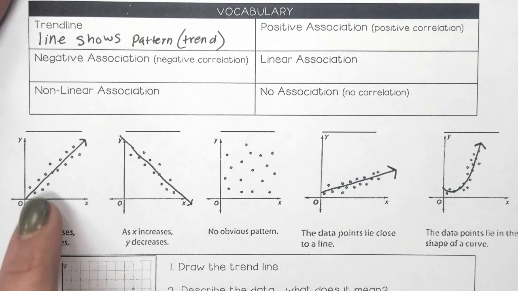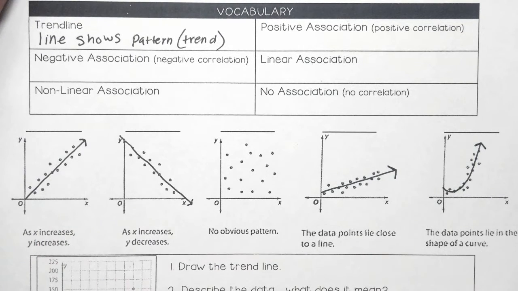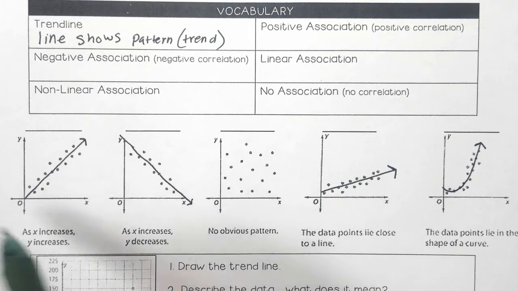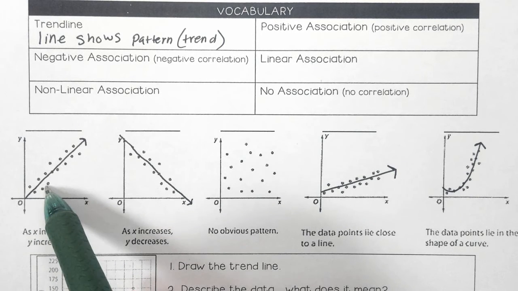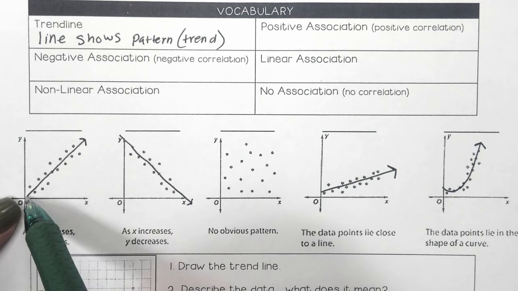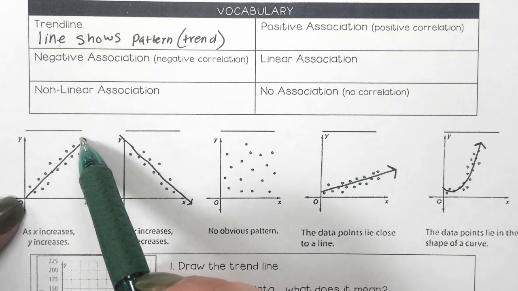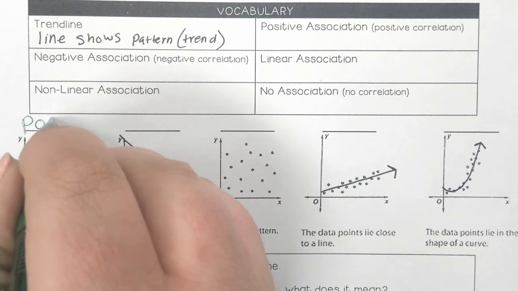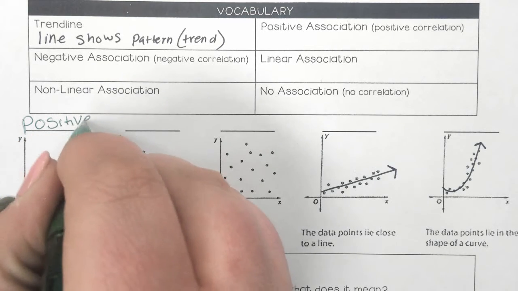Now we're going to use these trend lines to define our vocabulary words. What I notice when I look at the first scatterplot is that the trend line has a positive slope. If the trend line has a positive slope, we call that positive association.